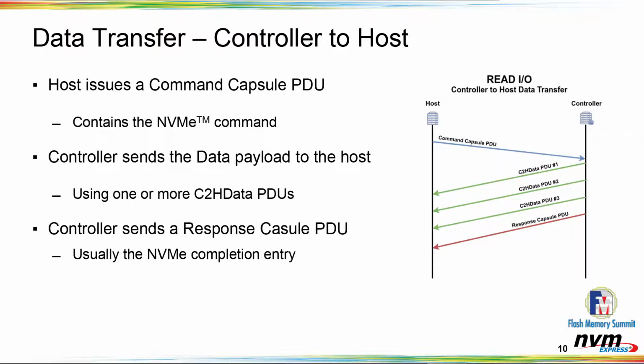In return, the controller sends a series of controller to host data PDUs, which it is free to slice and dice however it wants. It can be one big controller to host data PDU, or it can spread it into multiples. After that, it will pipeline a response capsule PDU. Because TCP is an in-order delivery transport, we don't need to wait for the completion before we send the response capsule PDU.